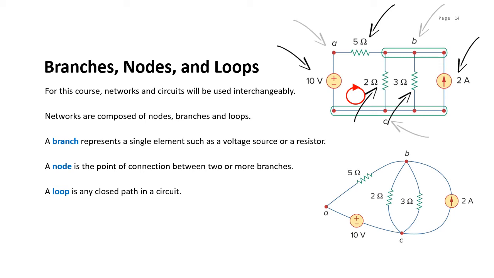A second loop with a 3 ohm resistor and the current source is independent. And the third loop could be the one with the 2 ohm resistor in parallel with the 3 ohm resistor. This does form an independent set of loops. When choosing the loops in the circuit, you need enough loops so that each component is covered once without repeating loops, as it would be redundant.